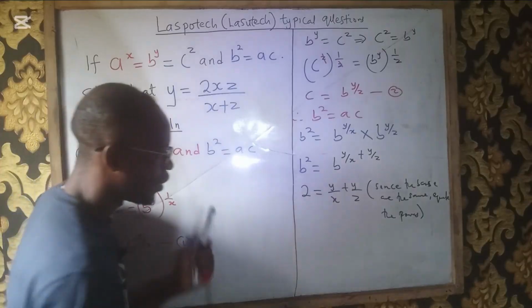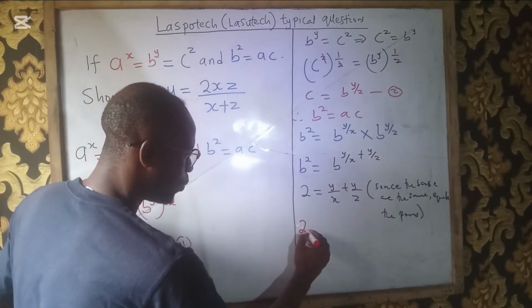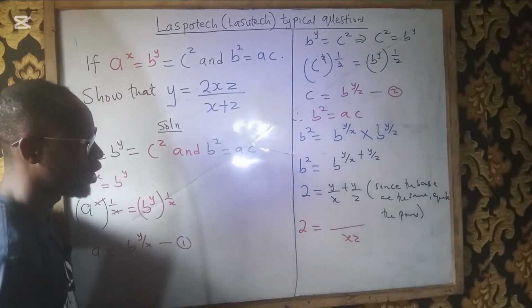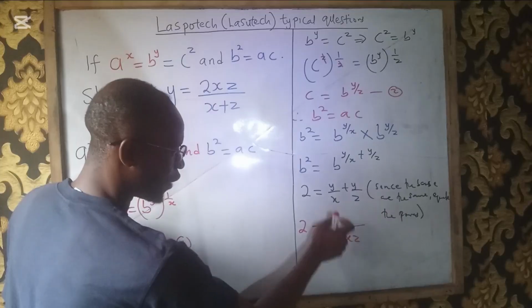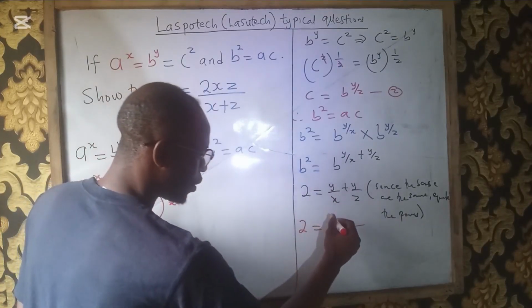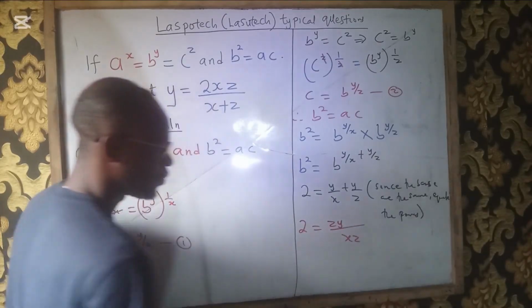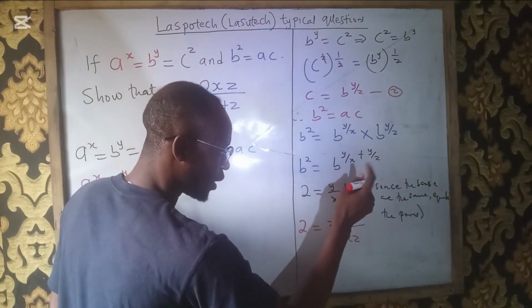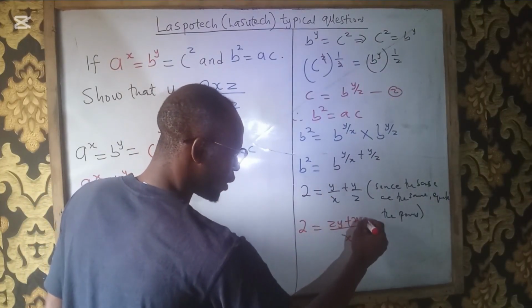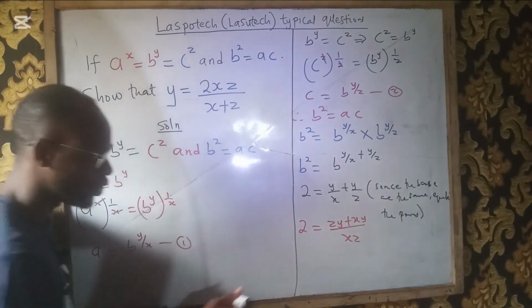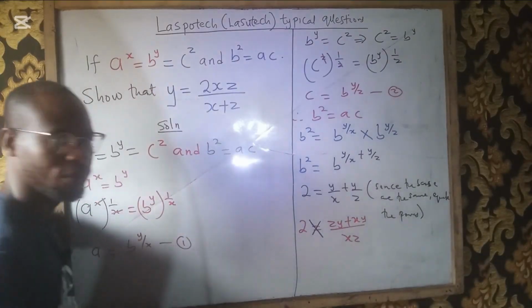With that, I can take the LCM here. 2 will now be equal to the LCM of this, which is xz. So xz divided by x, you are left with z, and z times y is zy. Can you see that? xz divided by z, you have x, and x times y is xy. Do you understand? So cross multiply.